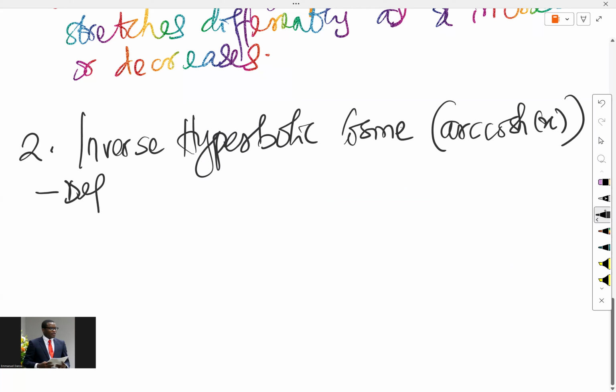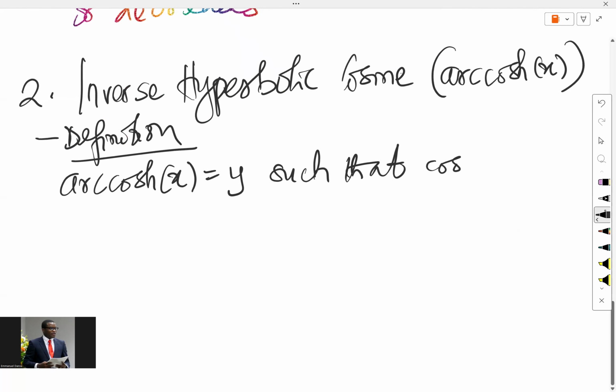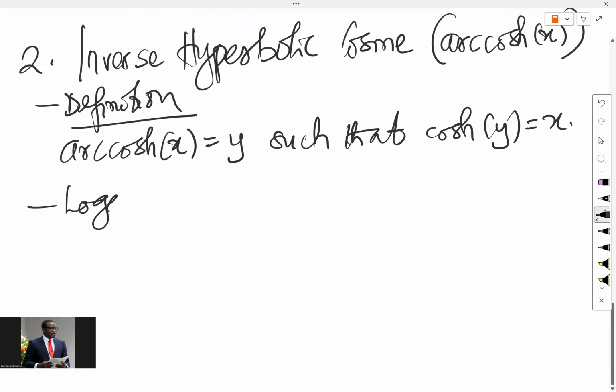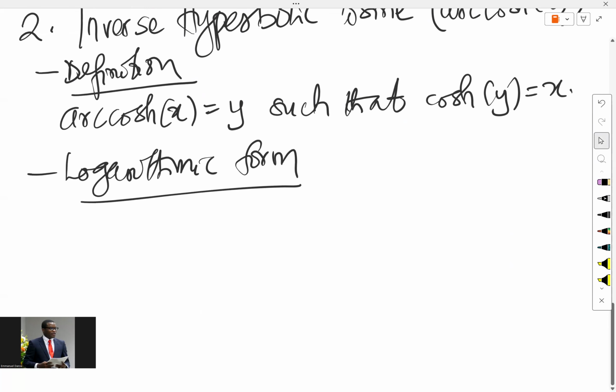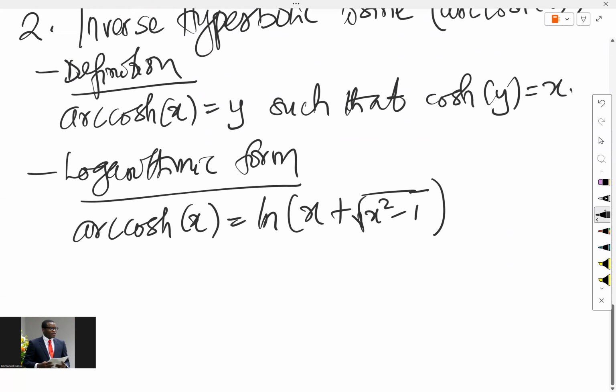Talking about the definition, we have that arccosh x is equal to y, just like before, such that cosh y is equal to x. And then we see the logarithmic form, that is arccosh x is ln of x plus square root of x squared minus 1.